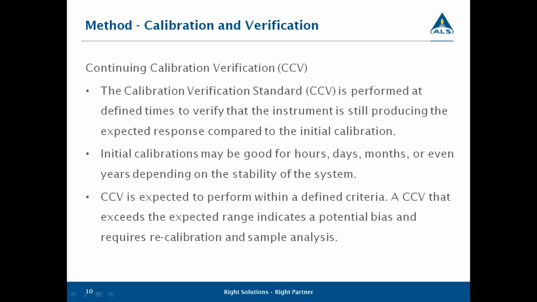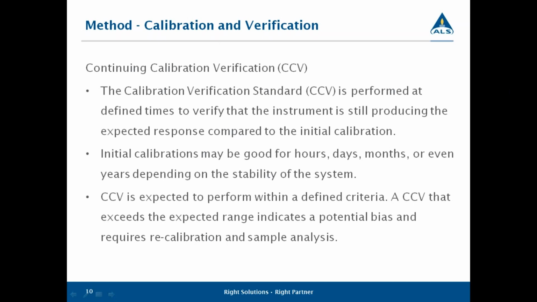And this is really true of all labs. This isn't just ALS. So now we have to establish if we have a good calibration curve. How do you know if it's still good after you've run a couple of samples? We have the continuing calibration verification, or the CCV, as I'll refer to it. This is performed at defined times to verify that the instrument is still producing the expected responses compared to the initial calibration.